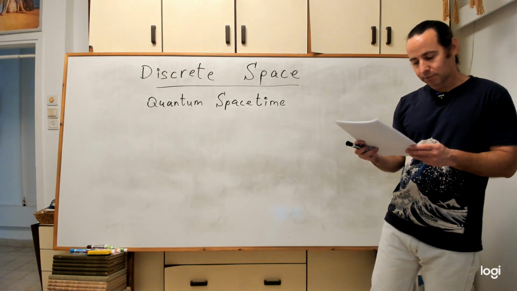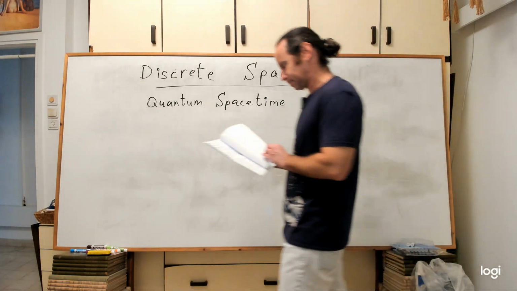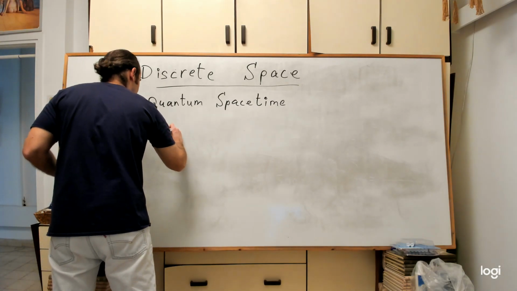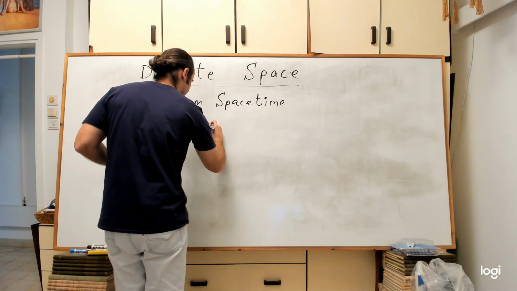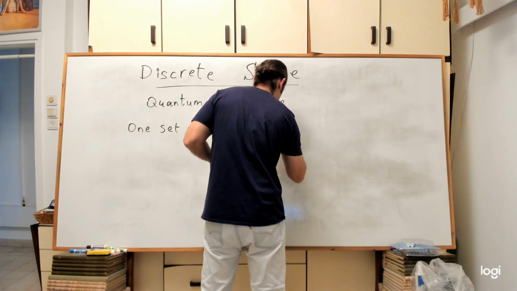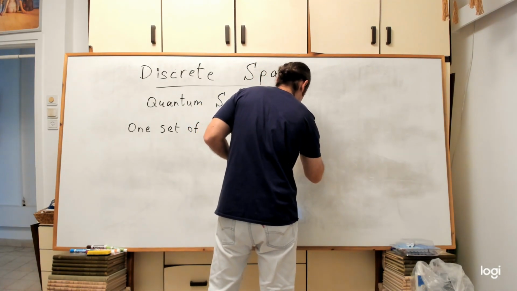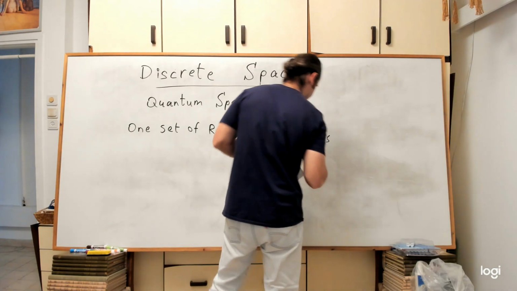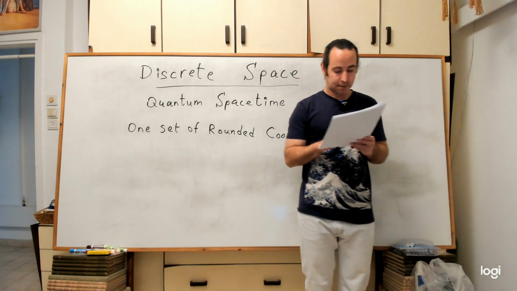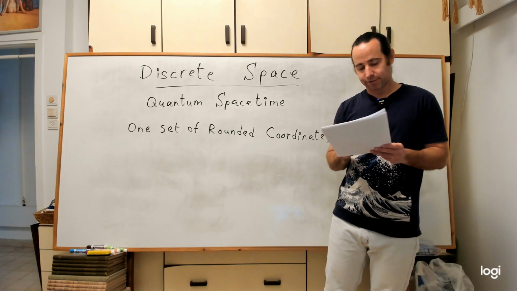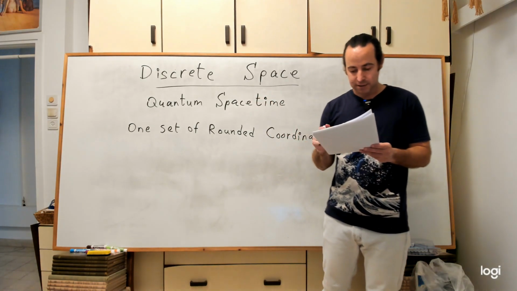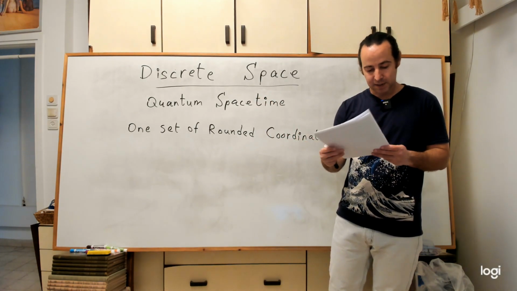One set of rounded coordinates. I think that the space that we see is like the pixels on the screen metaphor. Of course, instead of 2D pixels, Mother Nature uses 3D voxels, and she has better hardware than a personal computer.